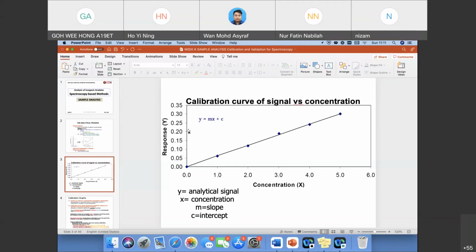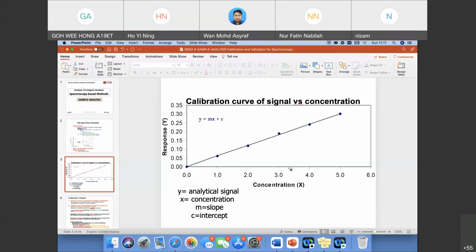You plot it straight across until it meets your calibration curve, your straight line here, and then you go down to the concentration, and you've got the concentration of the unknown here, which is around 3.3 ppm, something like that. Up until this point, do you understand?